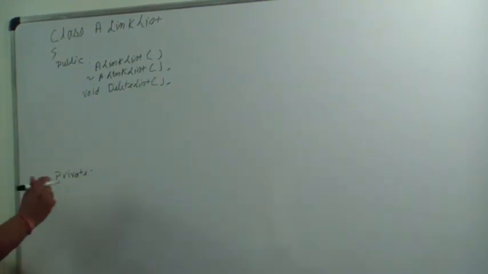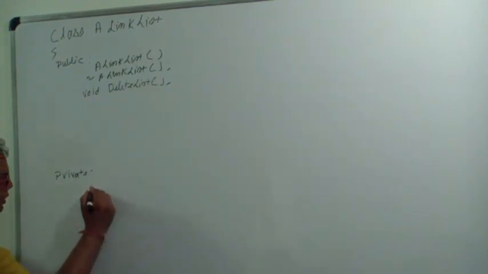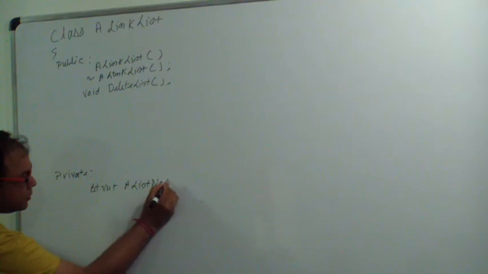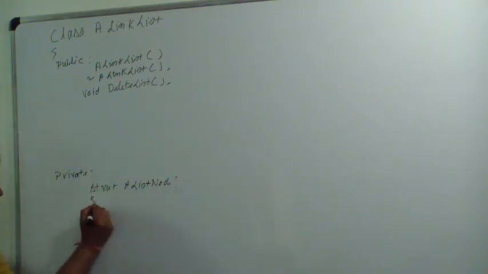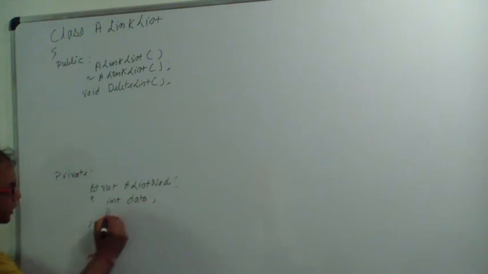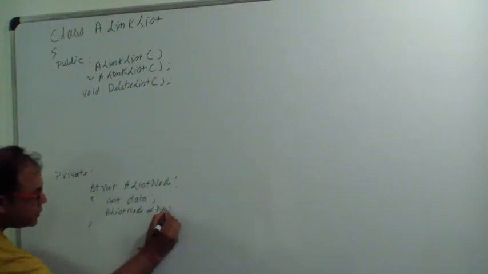In the private section, I will write the structure. So I'll write a struct ListNode, and the node will have integer data and a ListNode star next.